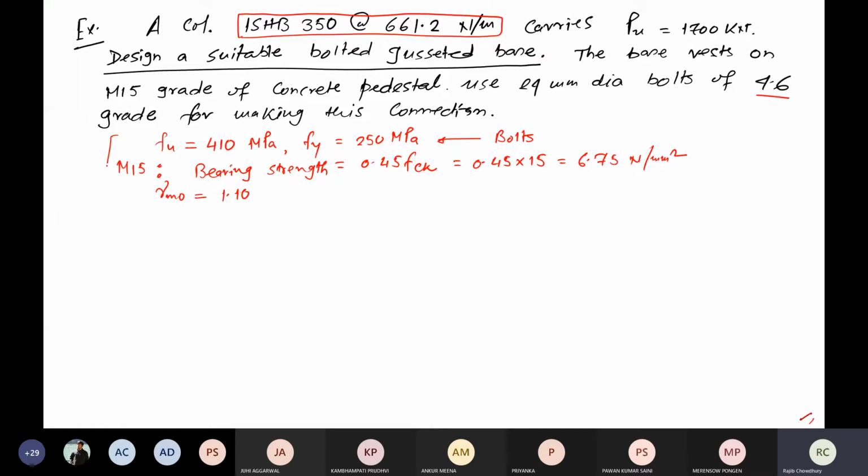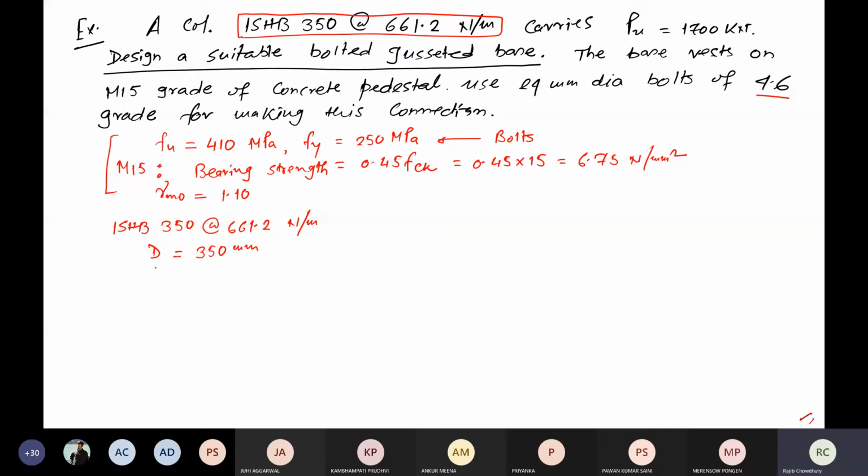And now we come to the ISHB 350 at the rate of 661.2, this particular column section. The total depth D or H, whichever way you want to represent it, is 350 mm.